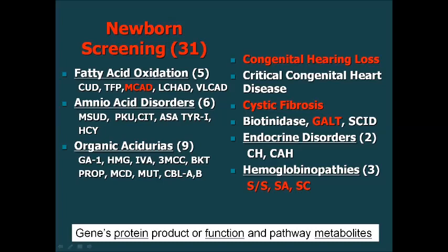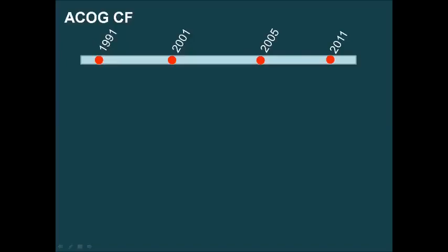So we're performing this earlier in the evolution of a phenotype, if you will. On this slide, those conditions shown in red are on expanded carrier screening panels. It's important to understand that performing expanded carrier screening could result in some cost savings at a state level as well, since this would only have to be performed once per couple.